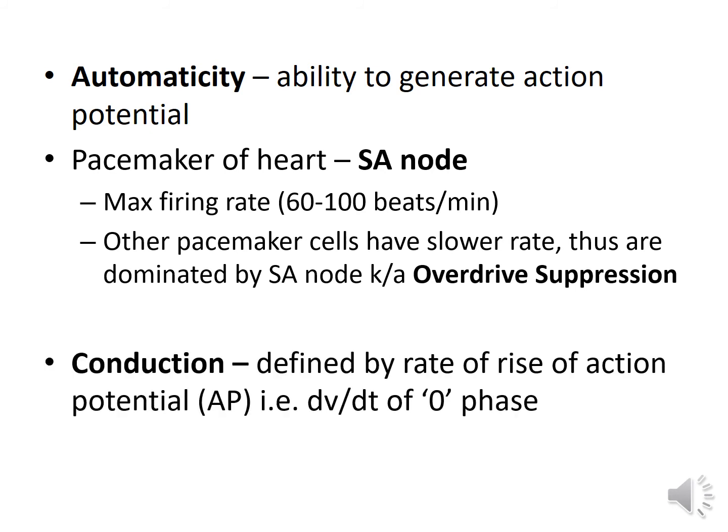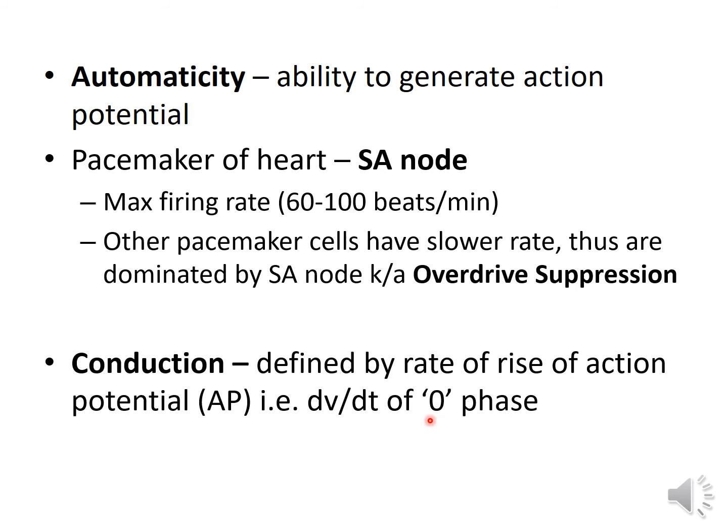Another term which is important to us is conduction, and conduction is defined by, as I have already told you, the rate of rise of action potential, that is dV by dt, or velocity of the rise of phase zero. So we have seen in non-pacemaker tissue, as fast sodium channels are responsible for depolarization, phase zero rises very rapidly.